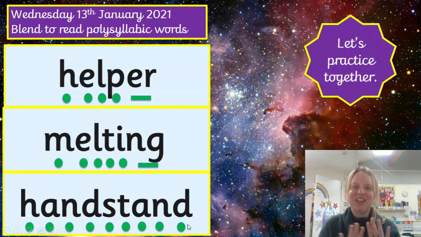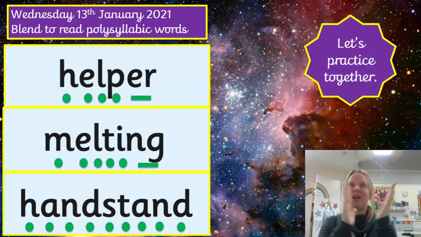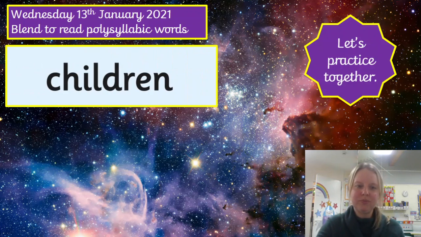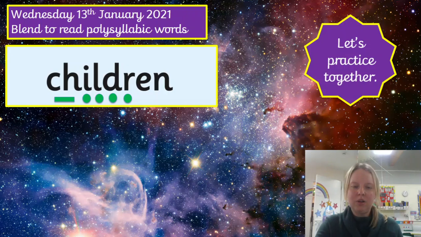If we put them together, it makes the word handstand. How many syllables does that have? Handstand. Two. Brilliant. Okay, ready? Sounding out with me. Ch, i, l, d, r, e, n. Children.